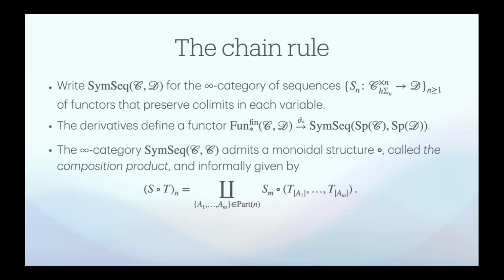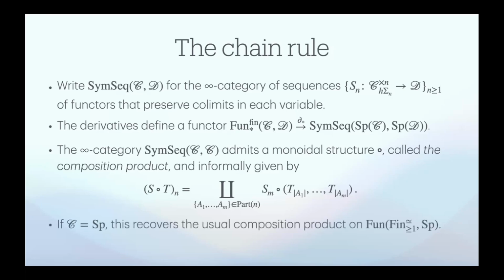And then one can show that this category of symmetric sequences from C to itself actually admits a certain monoidal structure, which we'll call the composition product, and which is informally given by this formula here. This starts to look awkwardly similar to the Faà di Bruno formula.